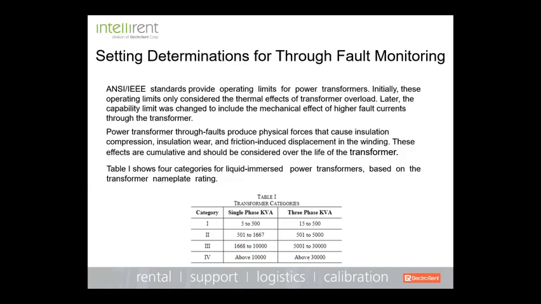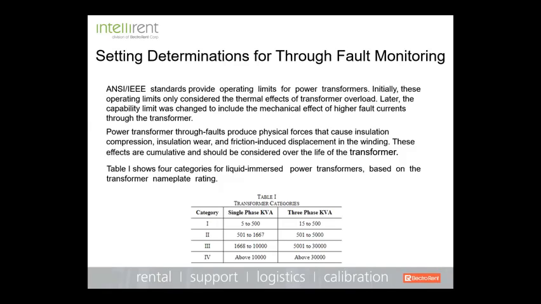So IEEE and ANSI standards provide operating limits for power transformers. They always had these in terms of thermal limits. We always knew from the manufacturer what thermal capabilities a power transformer could withstand. But it's only a little bit more recent that we looked at the mechanical effects of what those capabilities were in terms of a through fault.